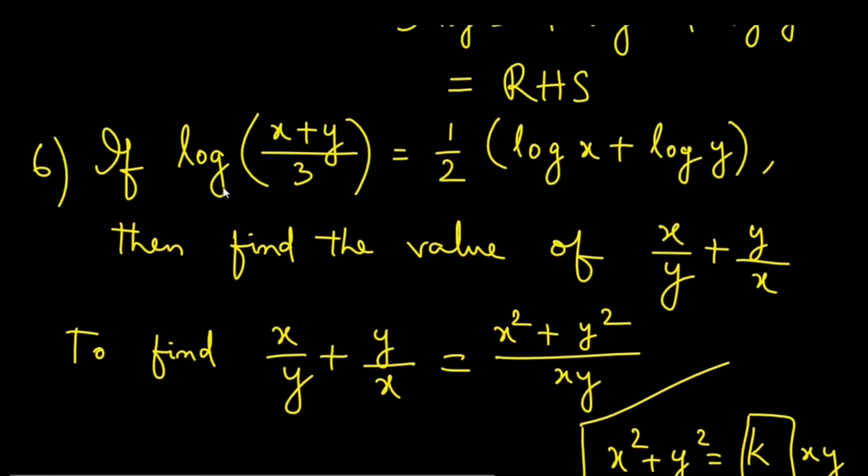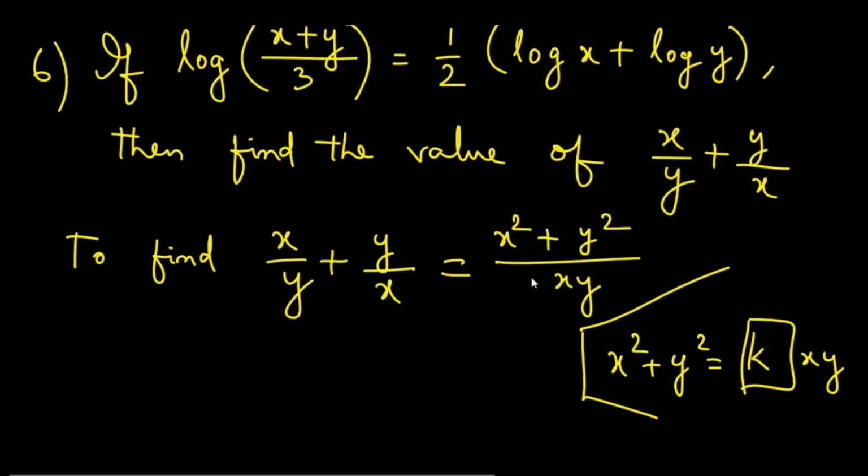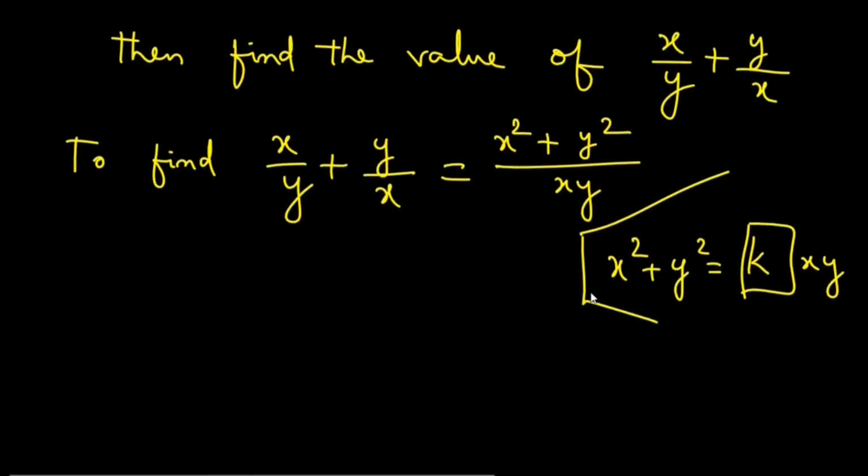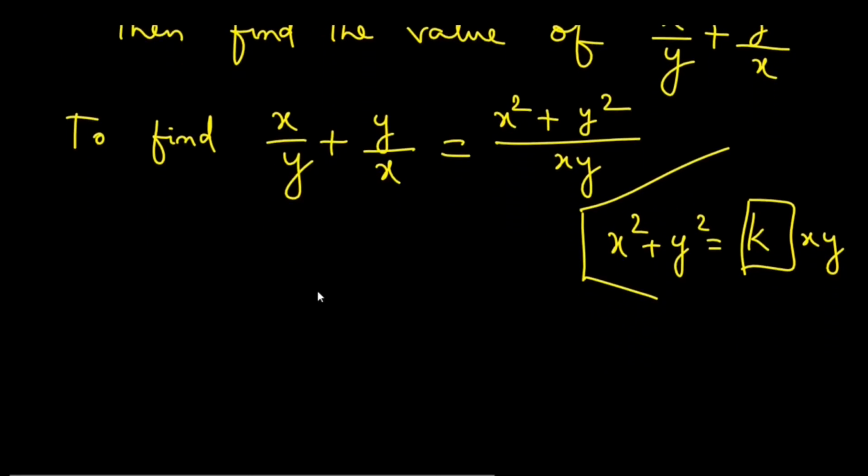Here in the given thing, we have 1 by 2 into log of x plus log of y. So when we manipulate the given relation here, we may get such a relation between x square plus y square and xy. Let us try to look into it.